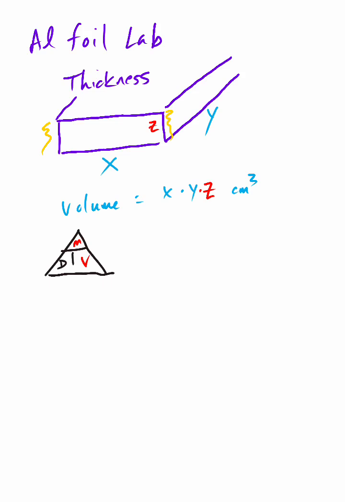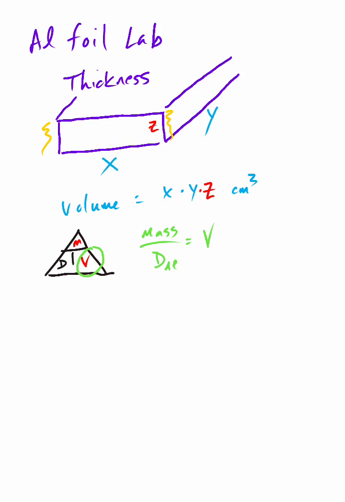So maybe let's try to solve for volume, which means we would cover this up, and we could take the mass and divide it by the density, if we knew the density of aluminum, and that would have to be the volume. Well, we actually do know the density of aluminum.